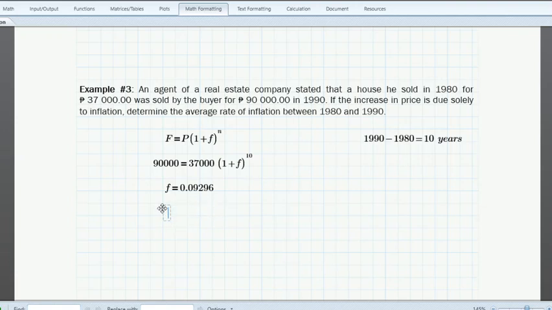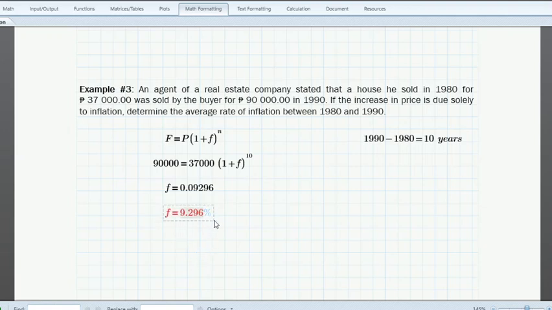So we have F is equal to 9.296%. And this is the average inflation rate na nangyari doon sa example natin between 1980 and 1990.